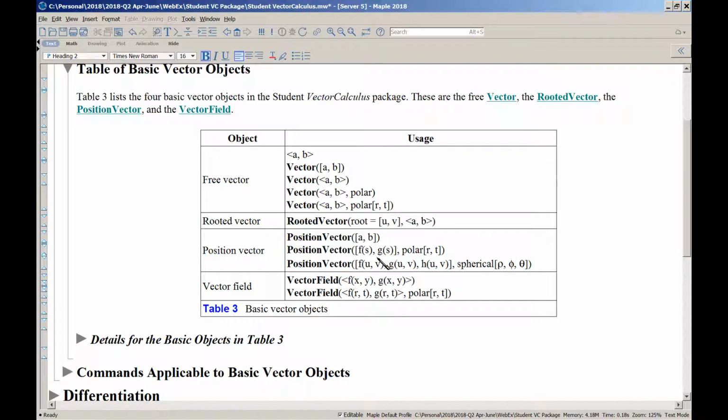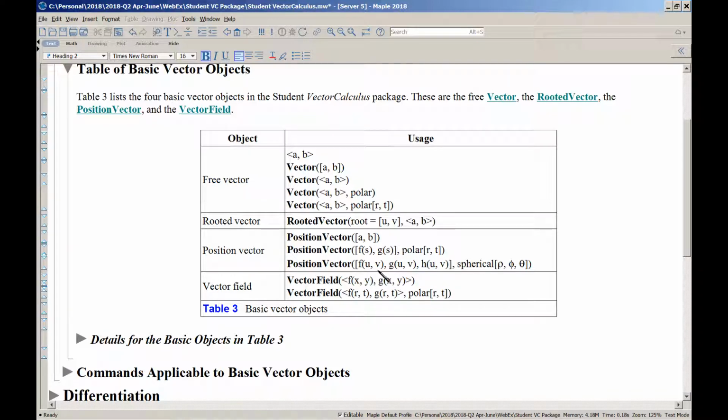If the components are a 1-parameter expression, then this is a curve. If you add the name of a coordinate system, like polar, then these are interpreted as polar variables.